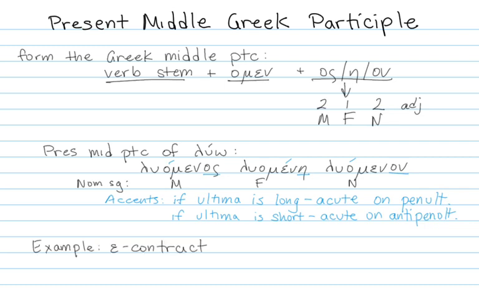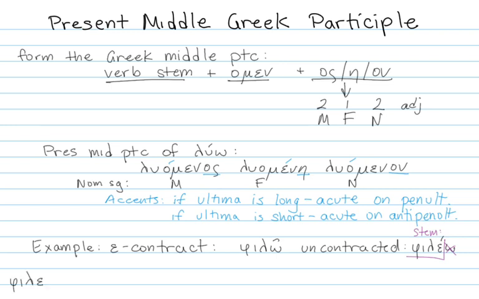Just for another example, luo is a thematic verb, but let's look at an epsilon contract. We're going to use philo as our example. Philo is how you would see it in a reading, but in the dictionary, they're going to give it to you as phileo, just to signal that it's an epsilon contract. The uncontracted version, phileo, helps us see the real stem, where we lop off the omega and we get phile-.